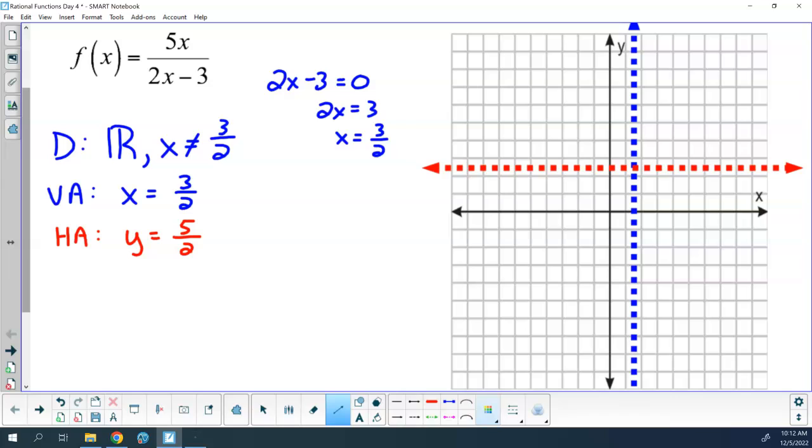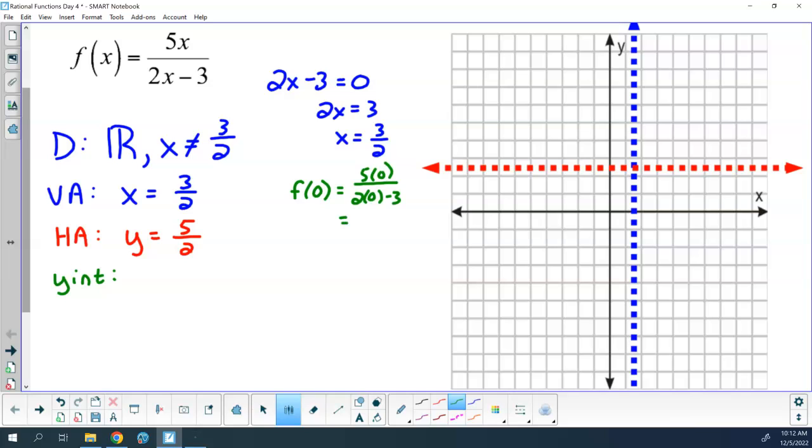Okay. Step number 3. Find my y-intercept. How do I find my y-intercept? Plug in 0. So that's going to be 0 divided by negative 3, which is going to be 0.